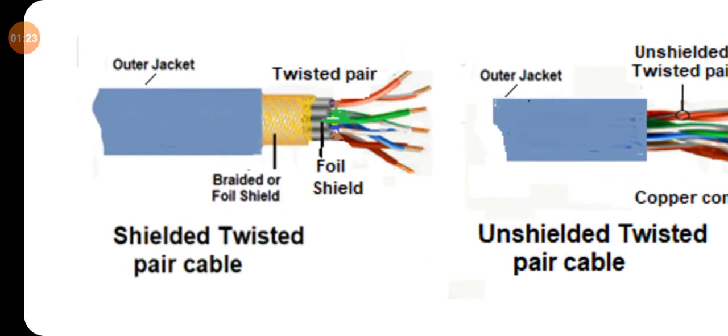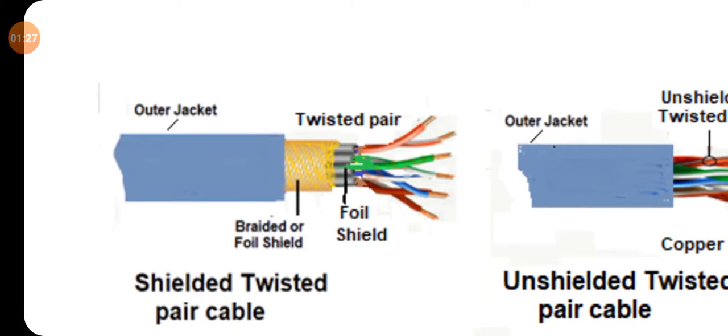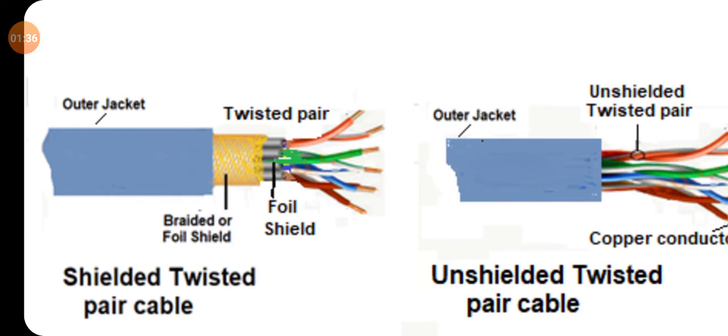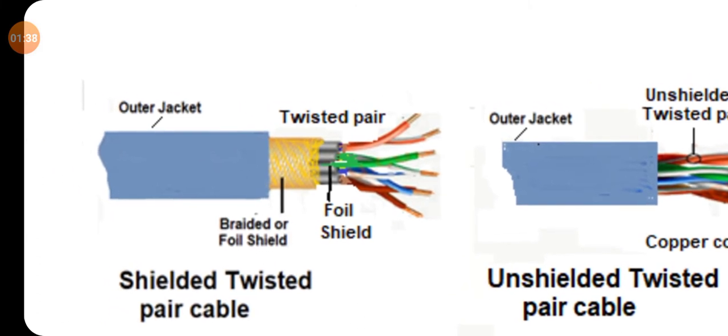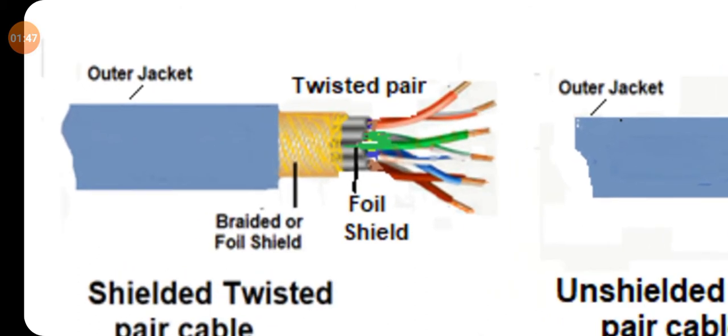So in this diagram you can see this is the shielded twisted pair. Here twisted pairs are two pairs of cables having copper conductor, and on that plastic covering is there, and all those twisted pair cables are inserted within braided or foil shields, which provide protection or covering for the wires.